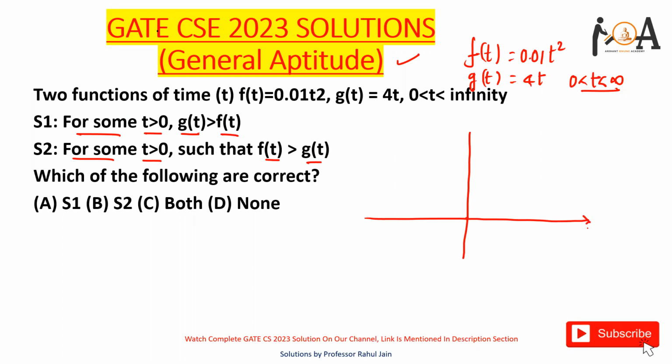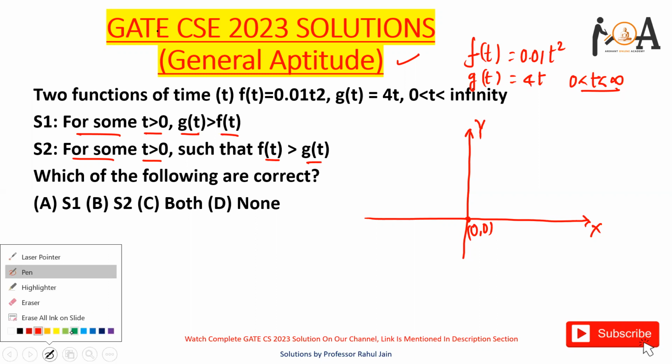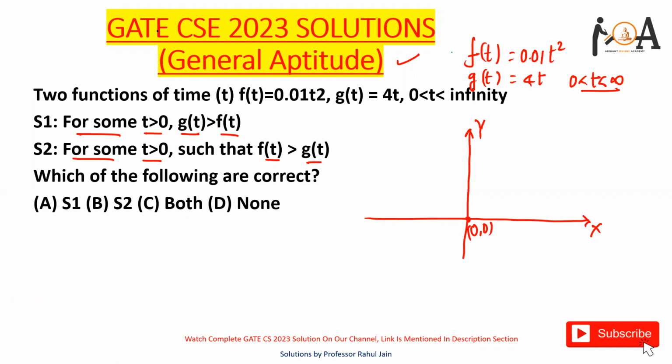So let's say this is our x-axis, this is our y-axis, and this is our origin, 0 comma 0.